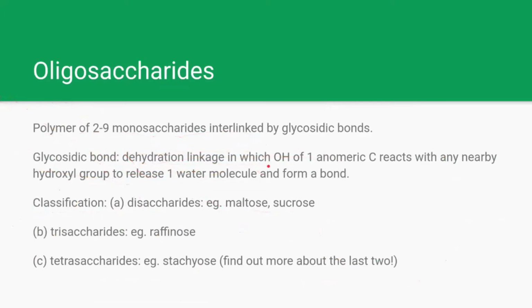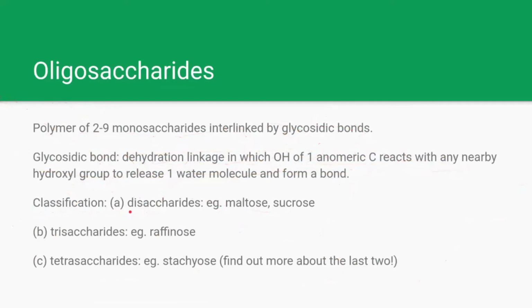And in a dehydration linkage, you take the OH of one carbon and, never mind the term anomeric, we'll explain in the next lecture. So this one carbon reacts with any other hydroxyl group of another carbon, and they react. Anyway, they release one water molecule from it.